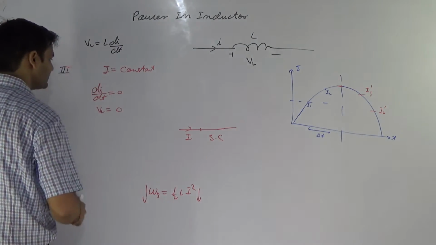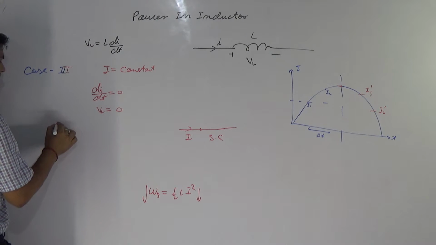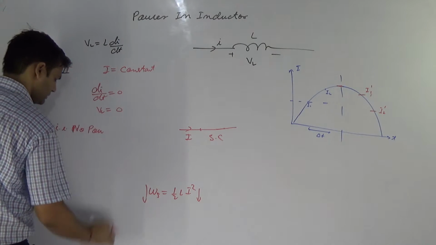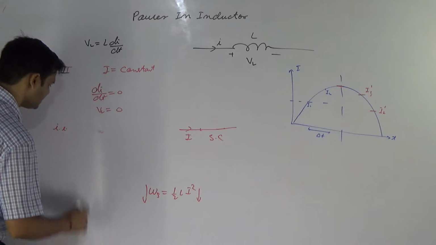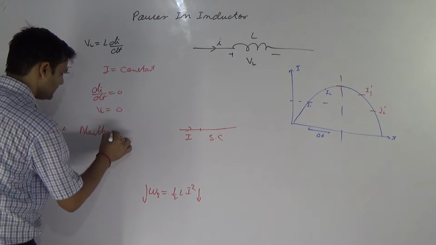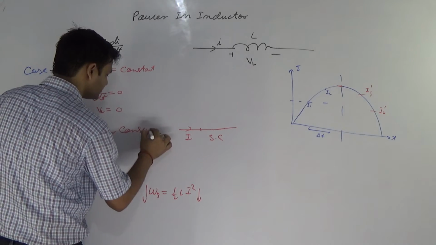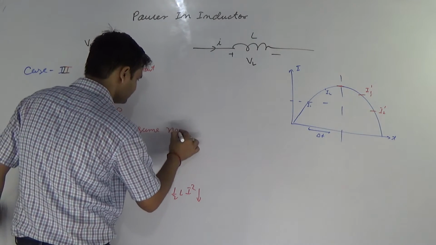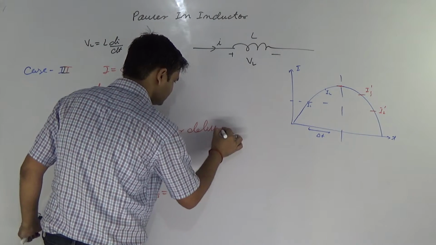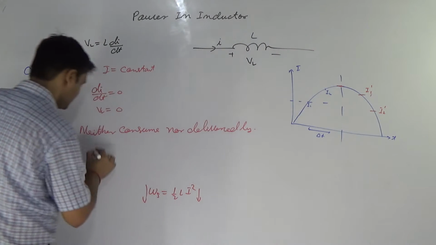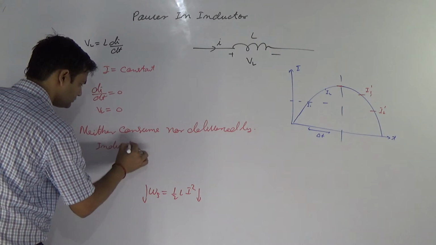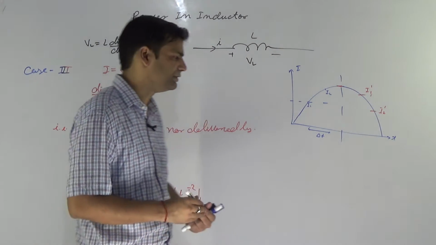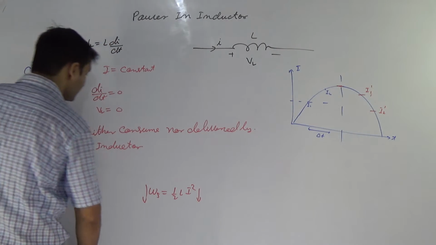At that time there is no power, neither consumed nor delivered by the inductor. In case of DC, it is clear. This is the property of the inductor.